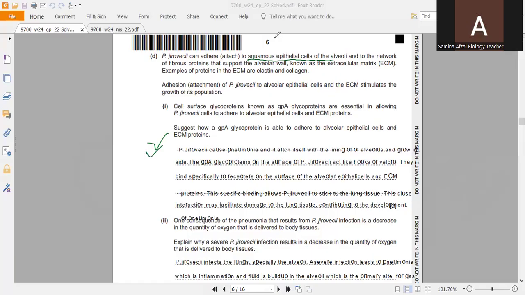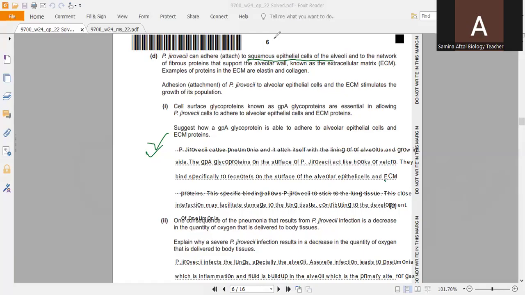The glycoproteins on the surface of P. gyrovici act like hooks or Velcro. They bind specifically to the receptors on the surface of the alveolar epithelium and ECM proteins. They act like hooks, and in this way they will be attached.